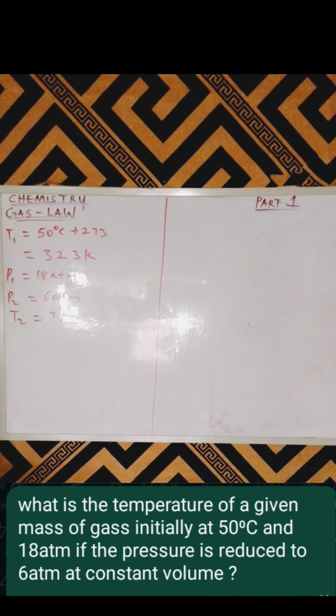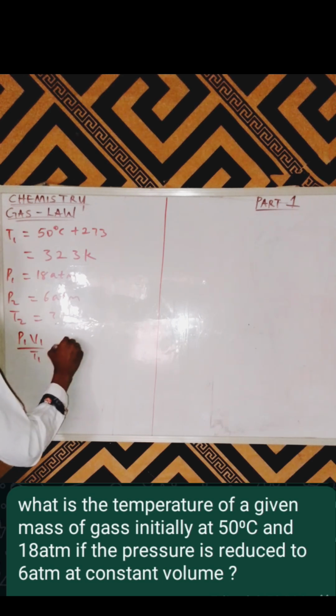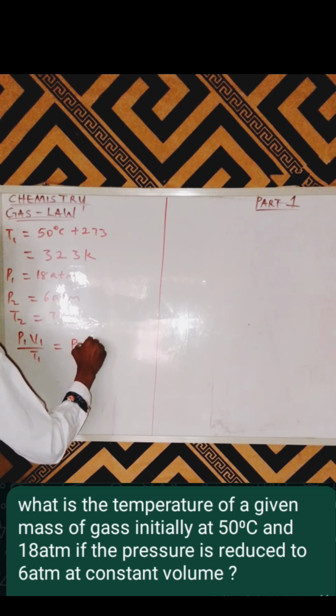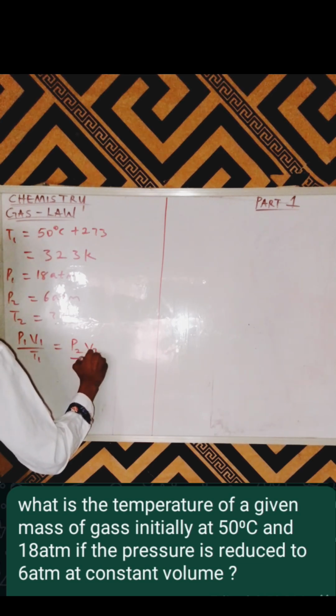Now you can see that I'm giving temperature and pressure. I did not give you a formula to link the two of them, so see what you will do. If you remember, I told you that P1V1 over T1 is equal to P2V2 over T2.